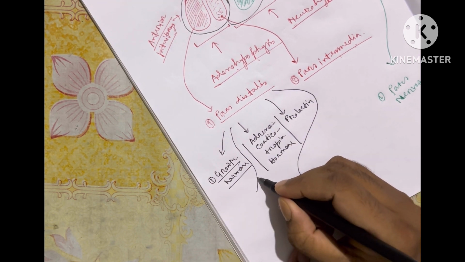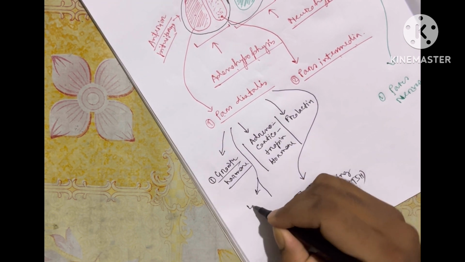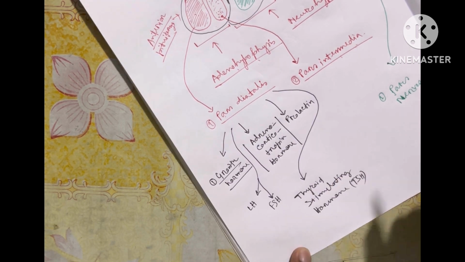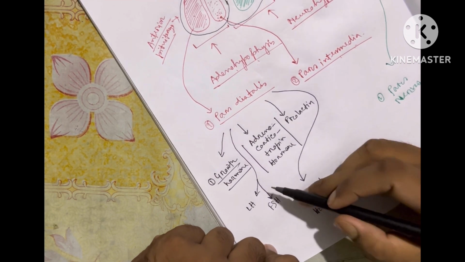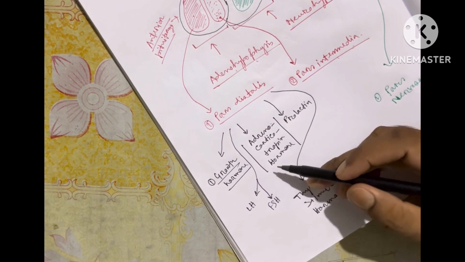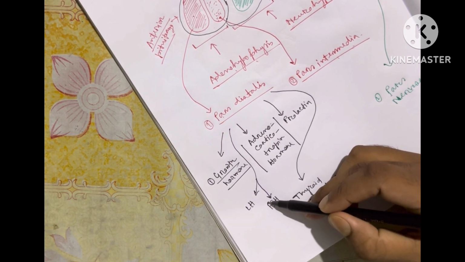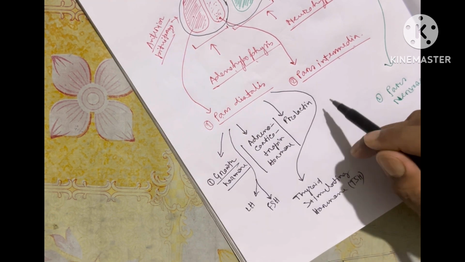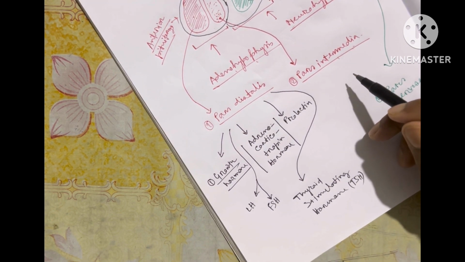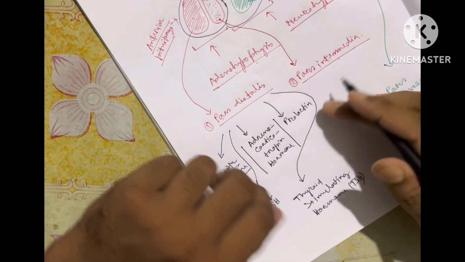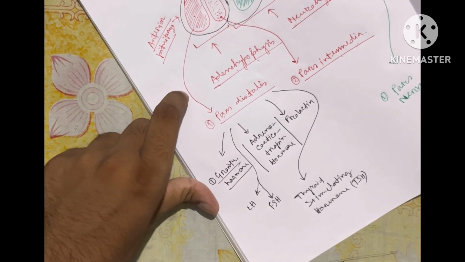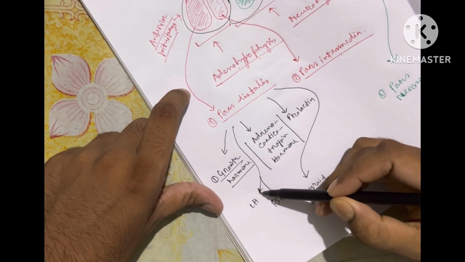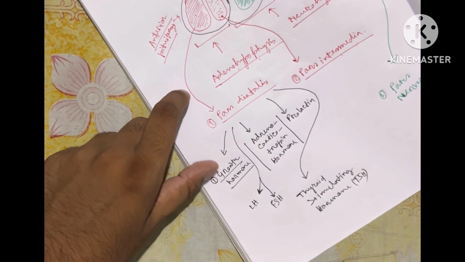Those are LH and FSH. So LH and FSH, they will stimulate our follicles, and LH is responsible for the stimulation of Sertoli cells for the production of testosterone. When we discuss the reproductive system of humans, then we'll come to know about the detailed functions of FSH and LH.